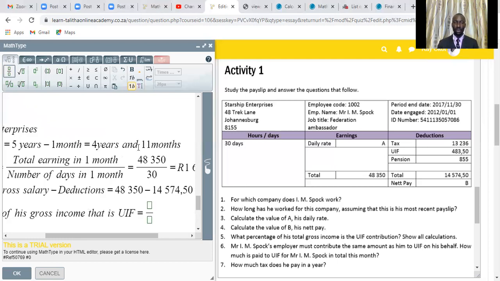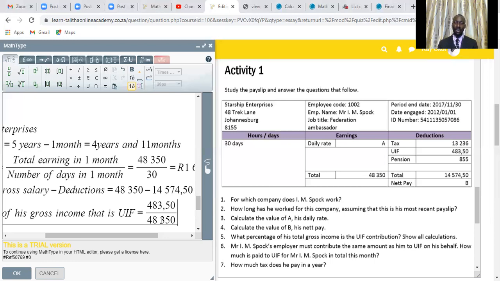So it's going to be the UIF, which is 483.50. Yes, that is the UIF. And then what is his gross salary? The gross salary is 48,350. Yes, that is what we have for the fraction of the gross income which is contributed as UIF.